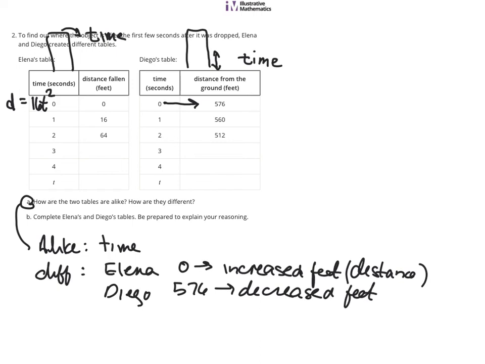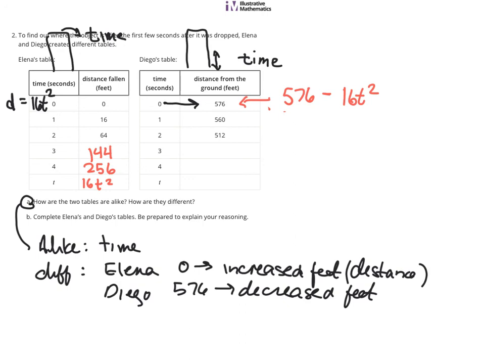So we could finish filling in the tables. Okay, I'm using the function. I get 144, 256, and 16t squared. Actually, let's write it backwards. I'll write it in a different way. Okay, when t is 0, that's what I get.